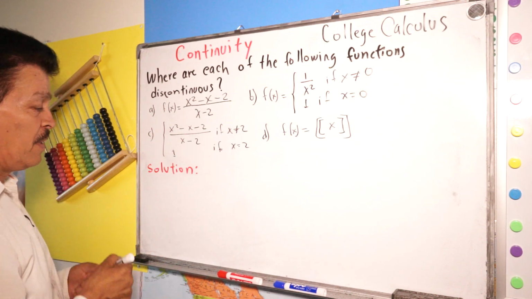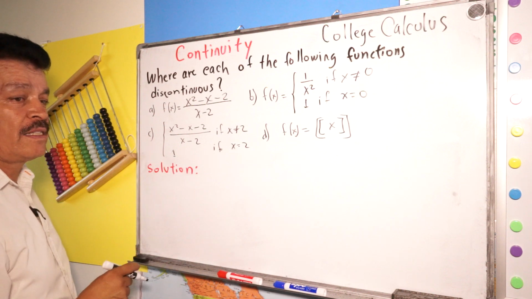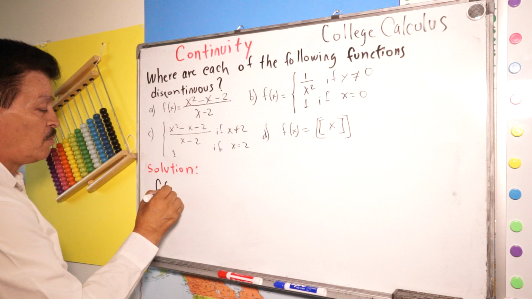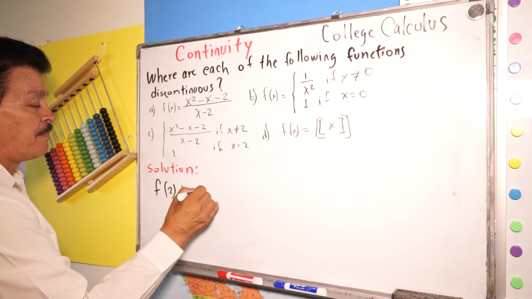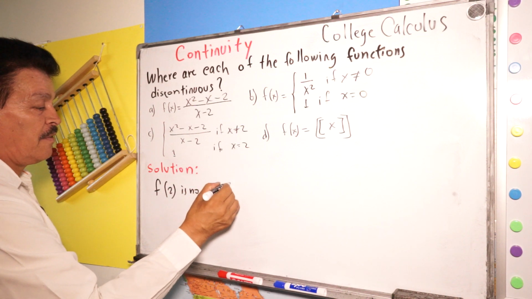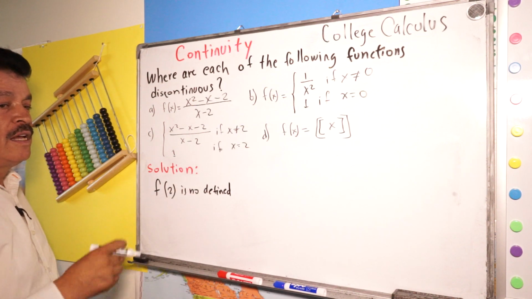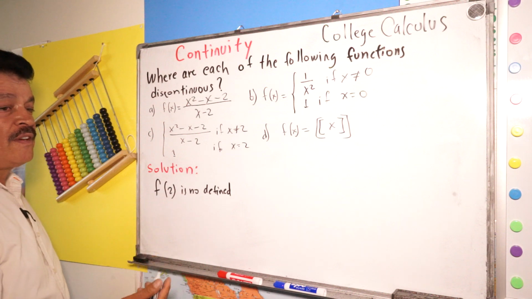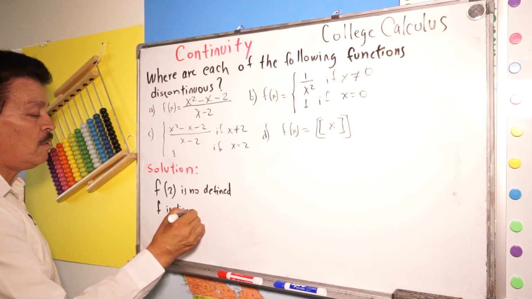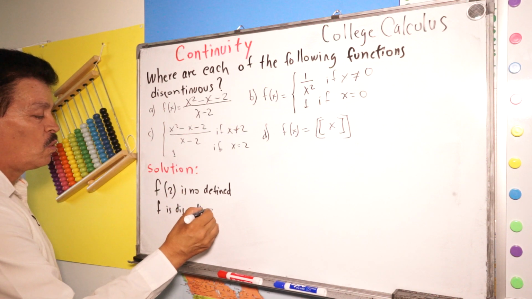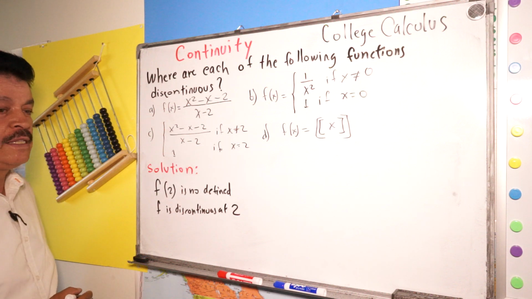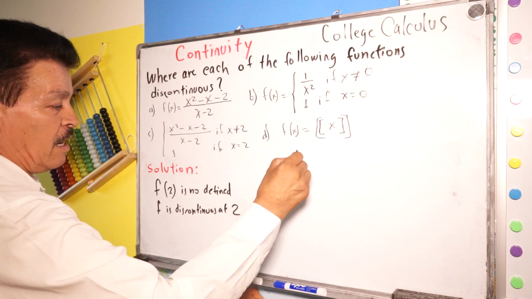So let's write some ideas. f of 2 is not defined, there is one point. So f is discontinuous at 2.